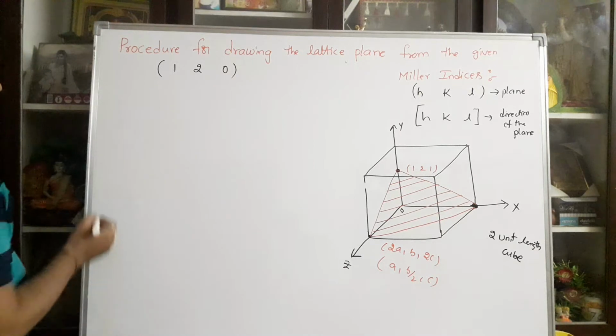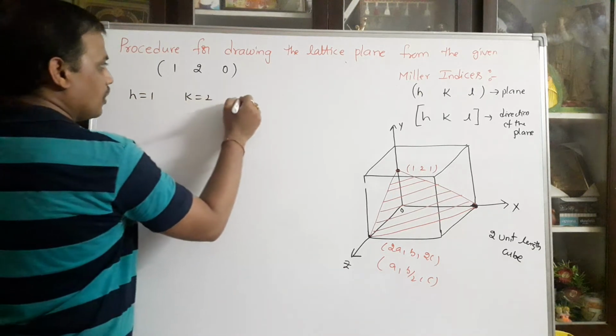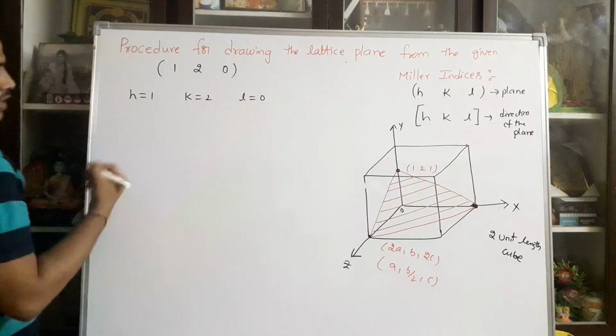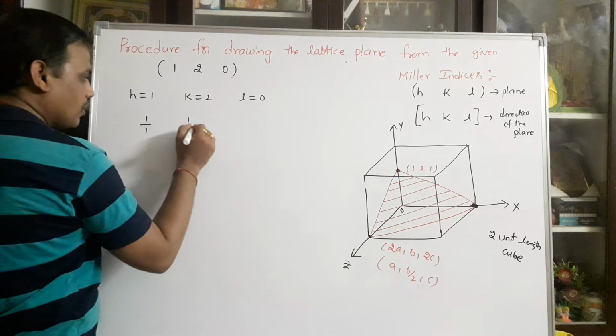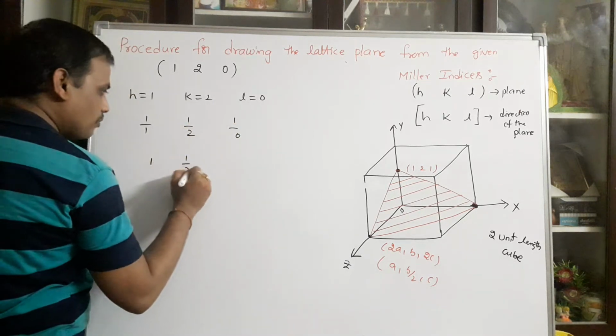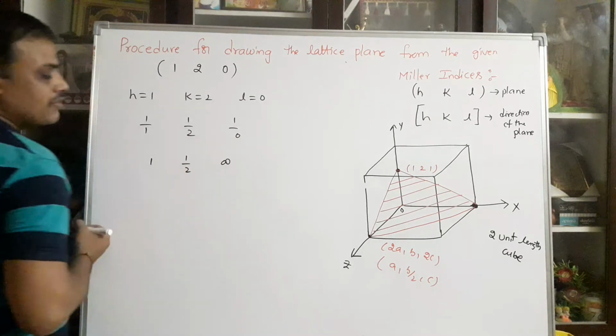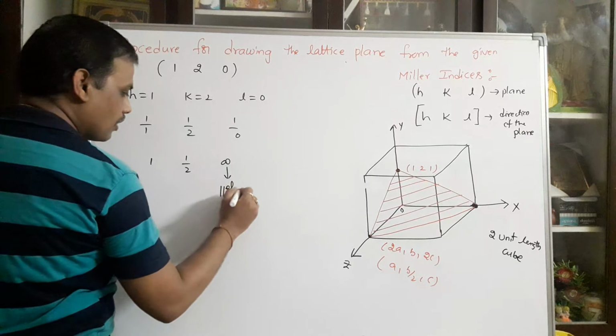First of all, given h is equal to 1, k is equal to 2, l is equal to 0. Their intercepts are nothing but the reciprocals: 1 by 1, 1 by 2, 1 by 0. That is, 1, 1 by 2, and 1 by 0 is nothing but infinity. Infinity indicates a parallel plane.